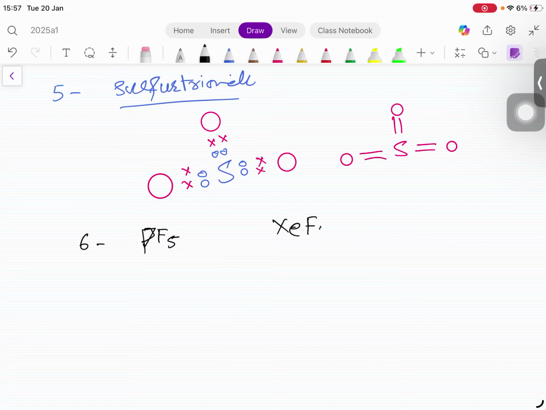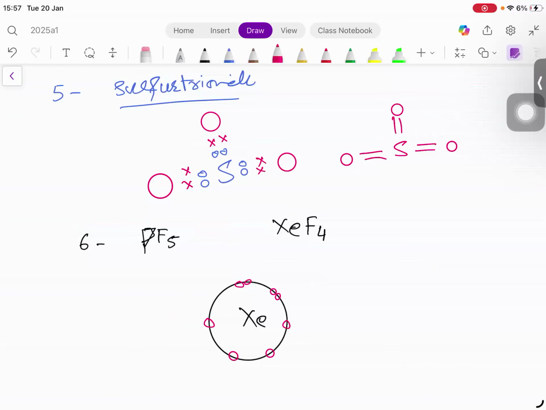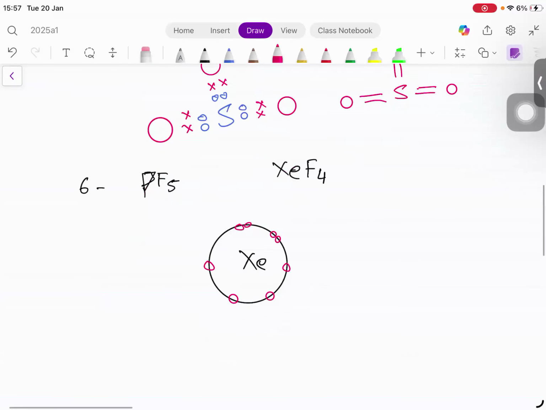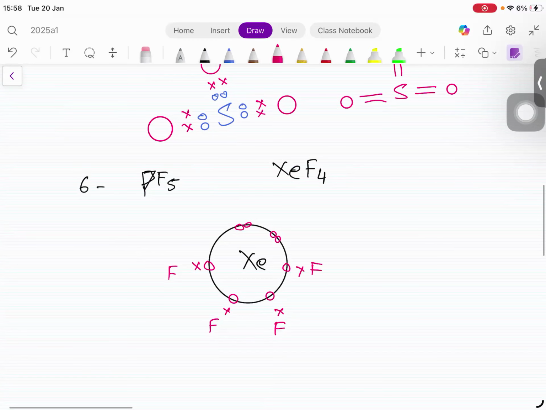So 1, 2, 3, 4, 5, 6, 7, 8 electrons. So if you just see the octet, it's already completed. But again, xenon has the valence shell which can accommodate more than 8 electrons, the third or fourth shell. So it's going to combine with 4 fluorines to make XeF4 like this.